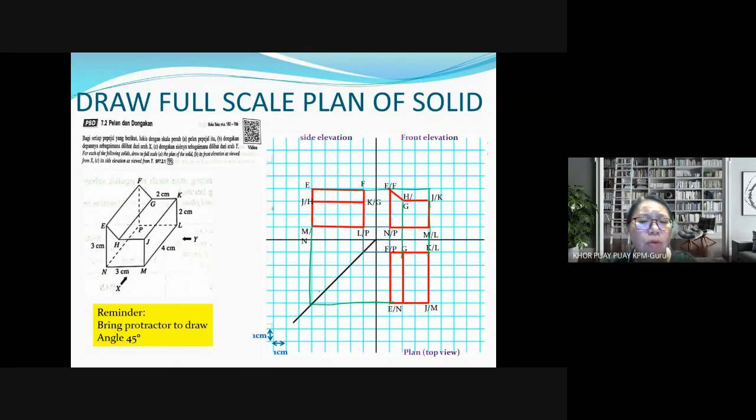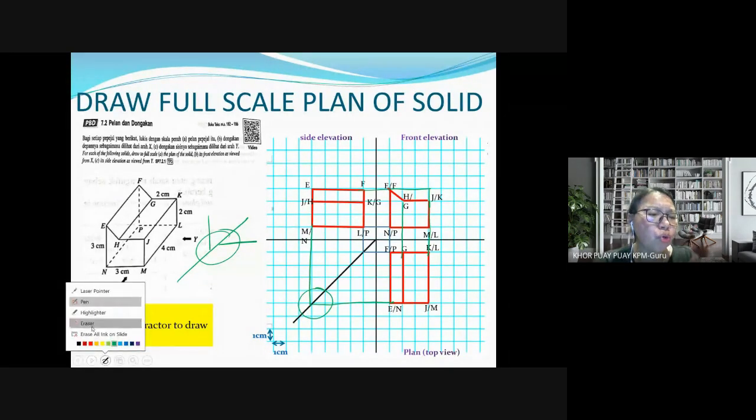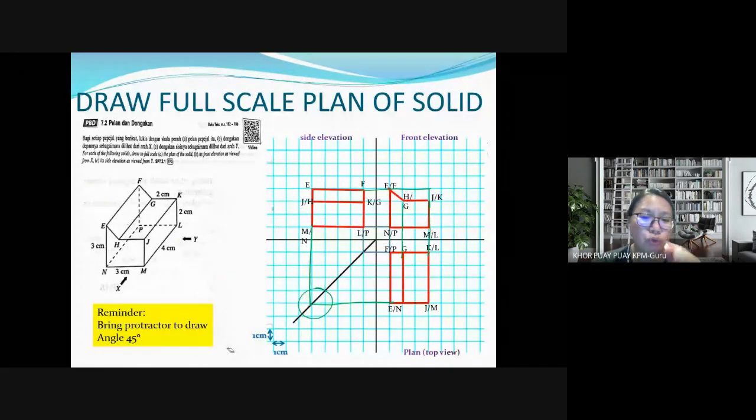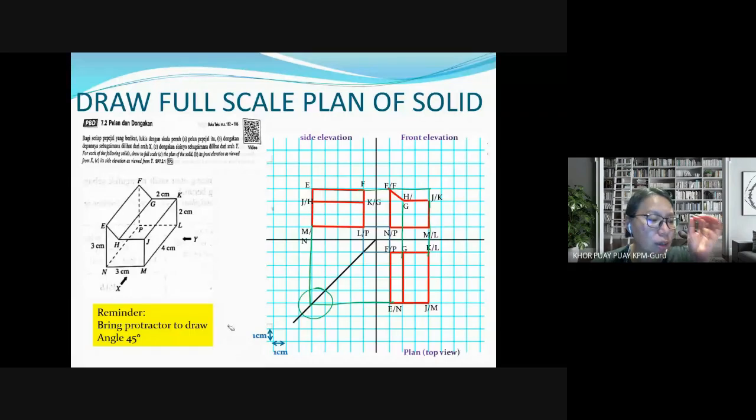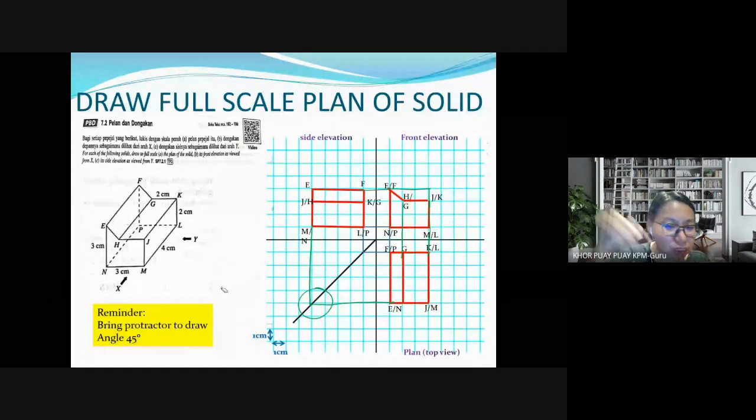And when you connect, this part here must meet exactly at your 45 degrees line. Some people, when you don't draw accurately, your line will not meet your 45 degrees line. This shows that your measurement is wrong. You drew wrongly. If you draw accurately, all the lengths are correct, you follow the diagram, it will meet at the 45 degrees line there.